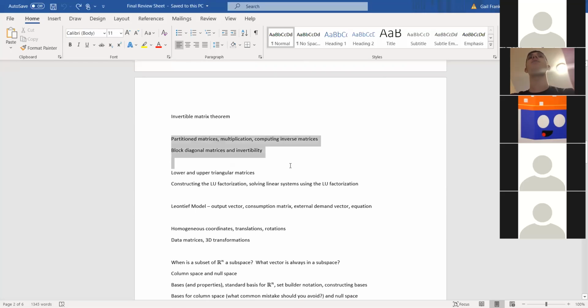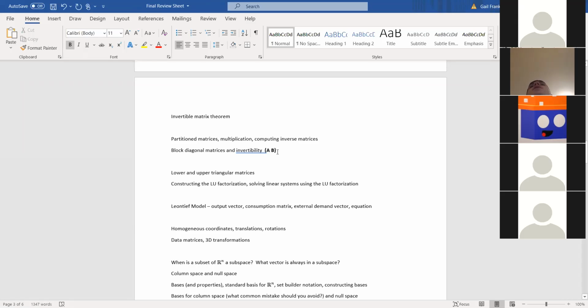Okay, so next topic, there'll probably only be one, maybe two questions on partition matrices. You can treat a large matrix as a matrix of matrices. So like A on this side and B on this side, this would be a partition matrix.